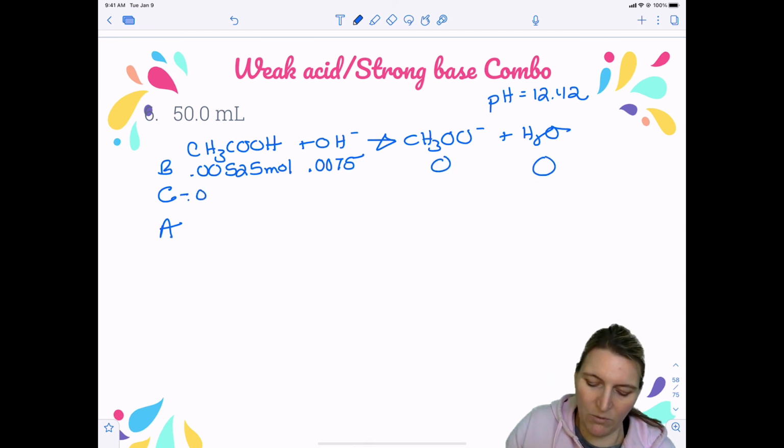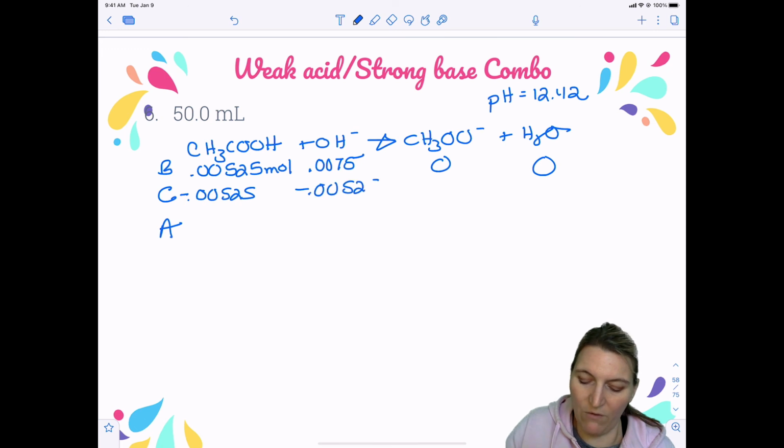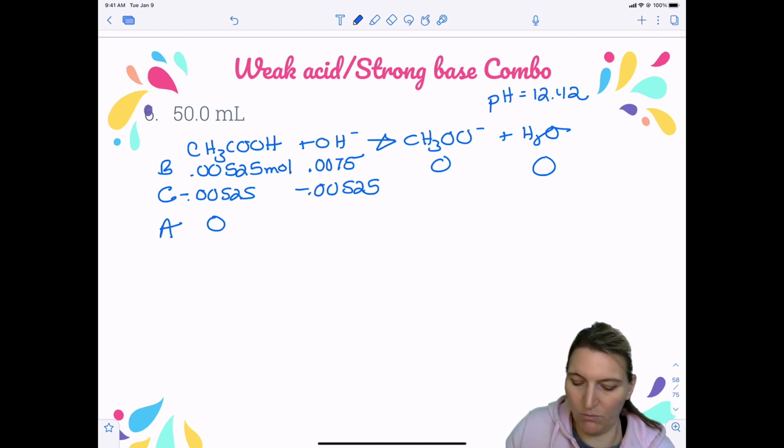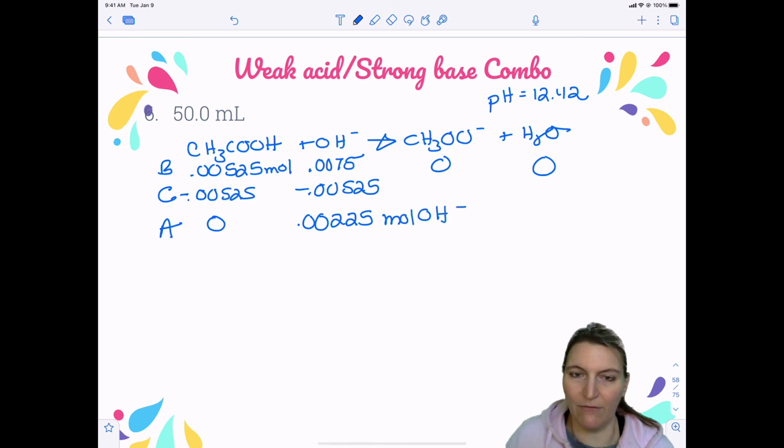So when I subtract 0.00525 minus 0.00525, of course there's no weak acid left. I'm well past the equivalence point, and there is 0.00225 moles of OH minus left over.